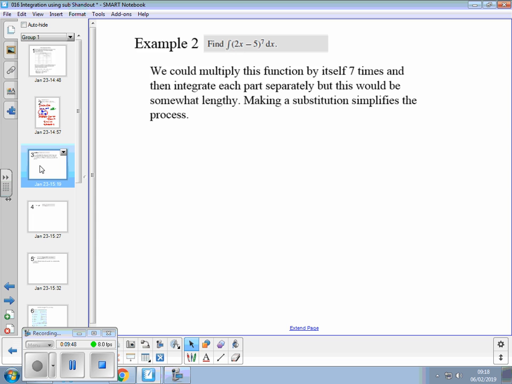So how do I start? Let u equal 2x minus 5. Yeah.